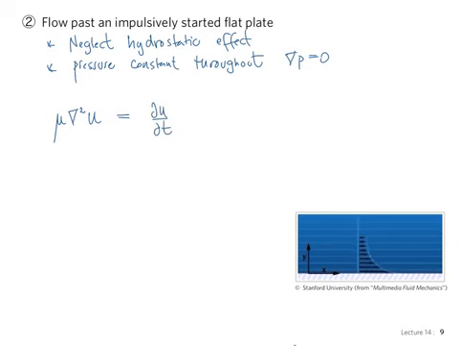Convective acceleration is 0 because the velocity does not change in the direction of the flow, the same as in the previous case, right? The velocity in the direction of the flow does not change. Convective acceleration.